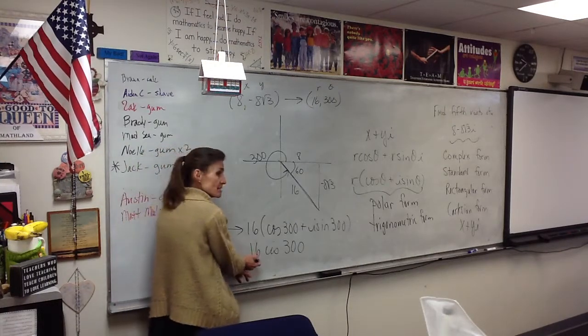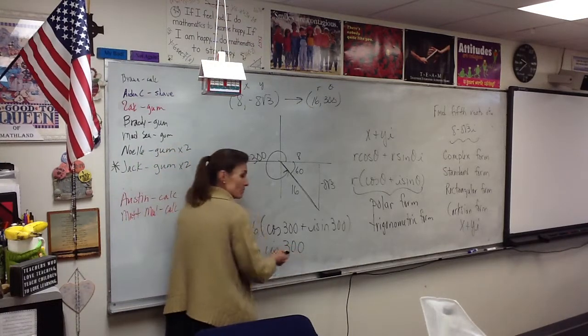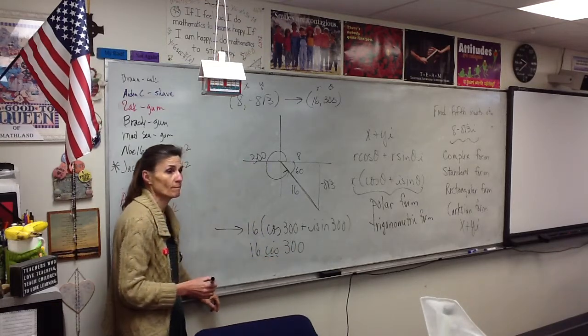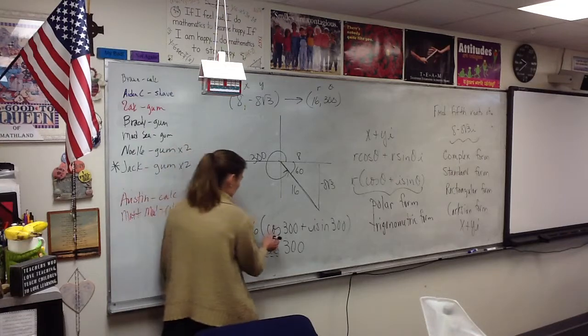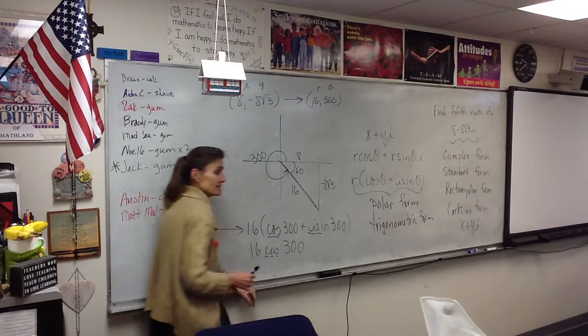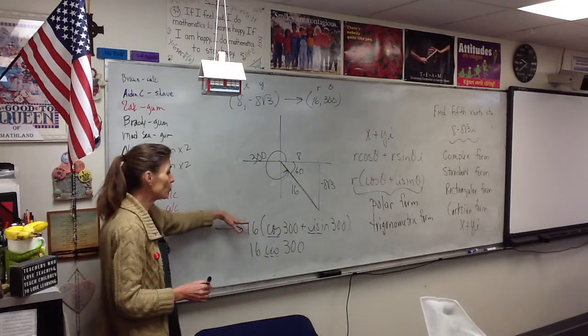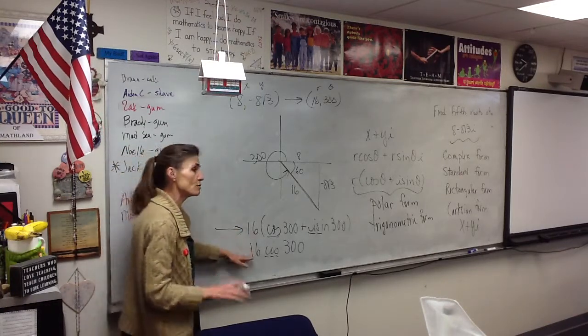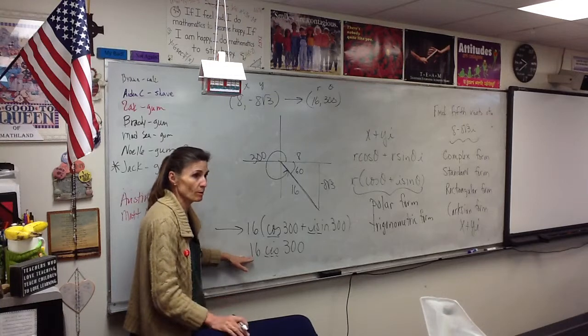Now the 16 is the radius, the 300 is the theta. What do you think cis stands for? Cosine, imaginary. Cosine, i sine. That's exactly right. So if you want to use longhand, that's super. If you want to use shorthand, that's super.